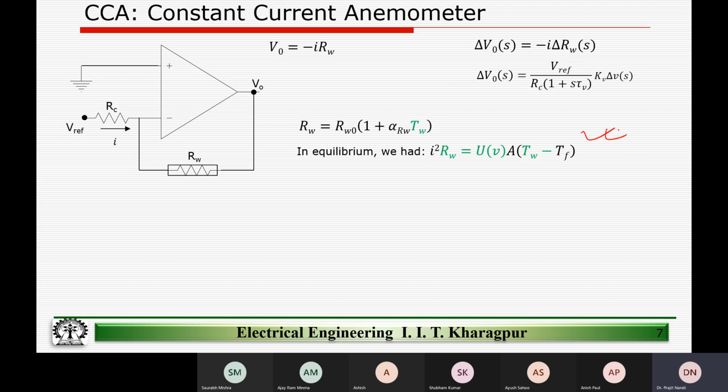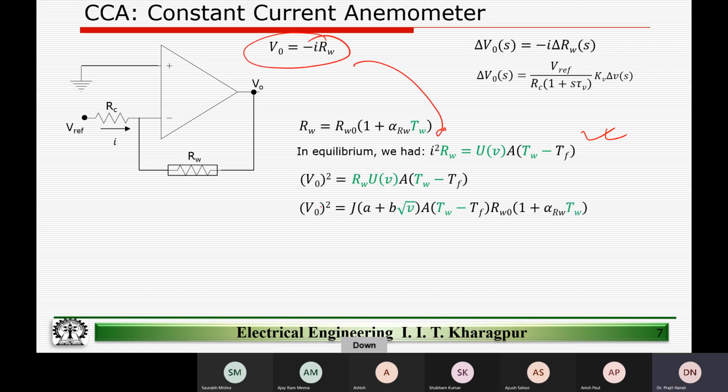Because we had this expression, I square RW, I'm just replacing it. I'm bringing this here, and I come up with an output voltage expression which looks like this. So this is my V.